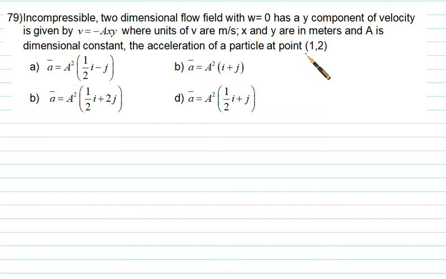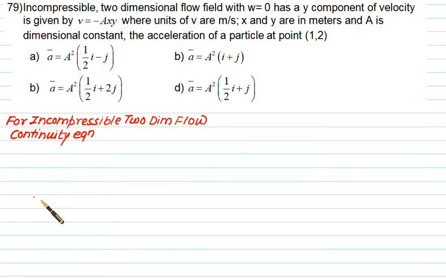That is, you have to calculate the x component as well as y component of acceleration. To find the missing component, we'll use the idea of the incompressible two-dimensional flow, and we'll apply the continuity equation, which is del u by del x plus del v by del y equal to 0.